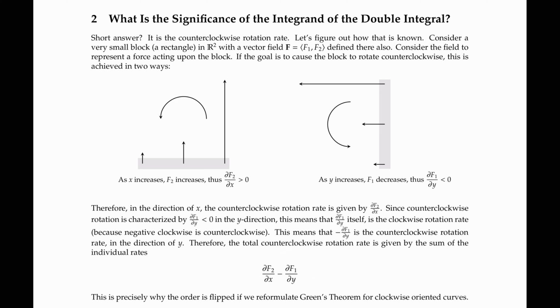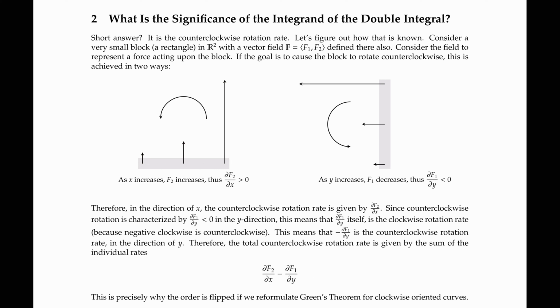let's just say we want to know what is the tendency of a vector field to curl or to rotate in this counterclockwise direction. So if we've got a vector field, so here I'm visualizing vector field lines, and then the length of these lines, the magnitude, is to communicate to you, we're imagining this vector field F. Let's imagine it to be a force acting on this block that is in the vector field and is affected by it.